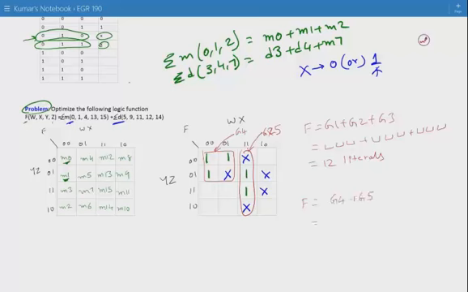Let's talk about group 4. My W is 0 here, W is not changing, so I'm going to write W bar.